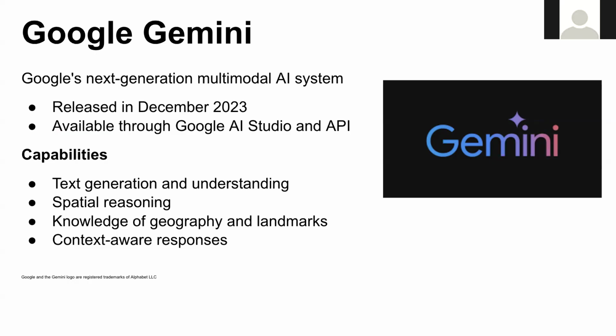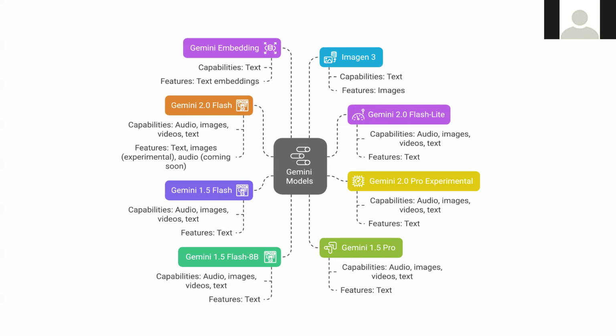It is particularly suitable for our GeoExplorer application in its context-aware responses, and it has the ability to generate information about specific geographical locations. So why not? It can understand and process coordinates, addresses, and other location data to provide meaningful insights. Now, a little bit of understanding of the different models available.